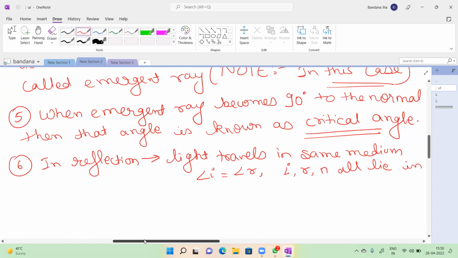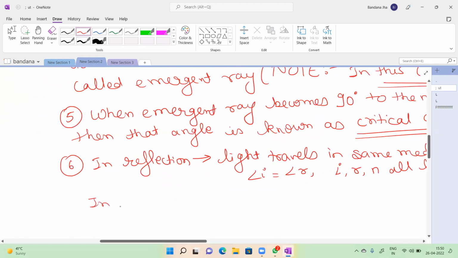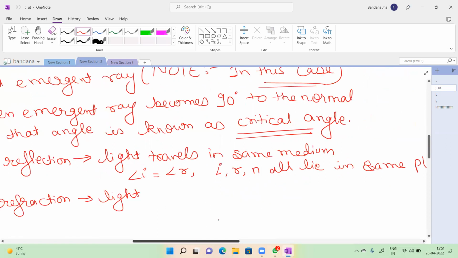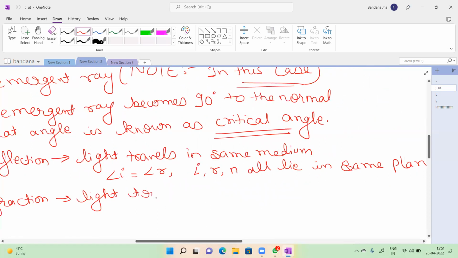But in refraction, light travels in two different mediums.